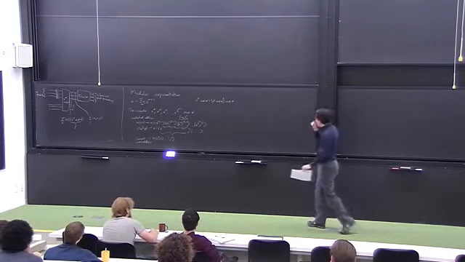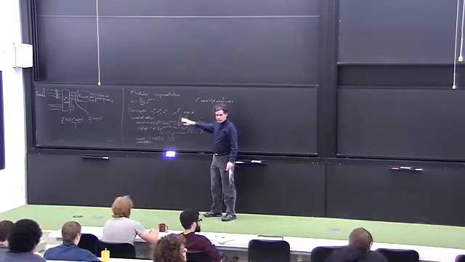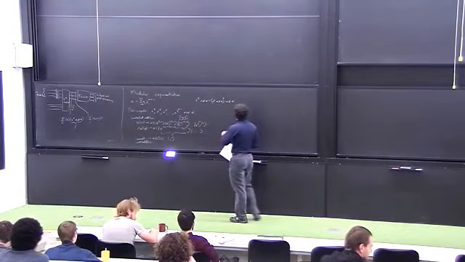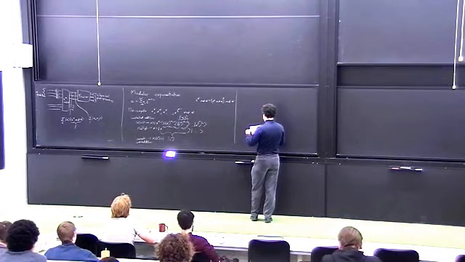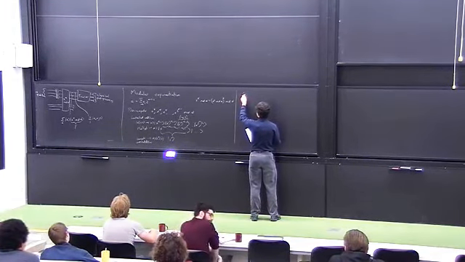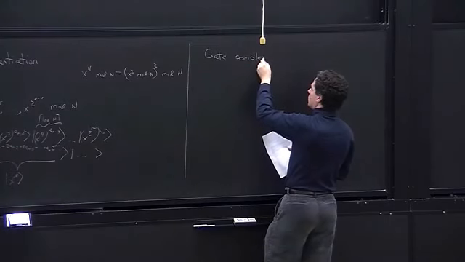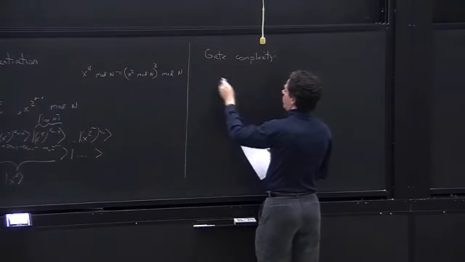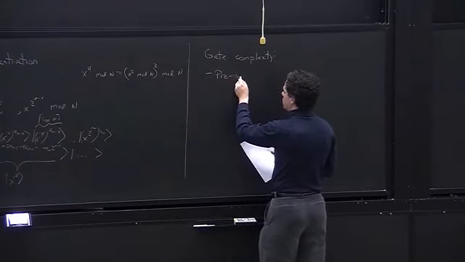Okay, so maybe the next thing to do is to count the number of gates that we actually used here, because we should check that that's not too many. Okay, so we have various steps. So what's the gate complexity? Okay, so the classical pre-computation.